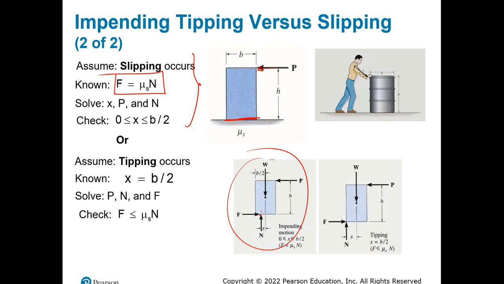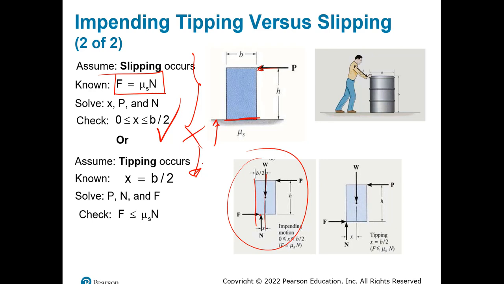If that location of the normal force is between the center and half of the object, then your assumption was correct. Let's say, for example, that after you assume that the force equals mu s times the normal, you realize that your normal was actually located outside of the box, then your assumption was wrong, and therefore you have to go to the next assumption, which is when tipping occurs.